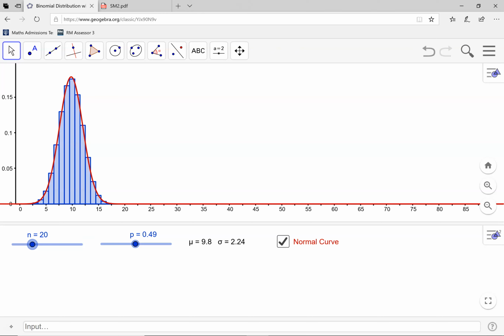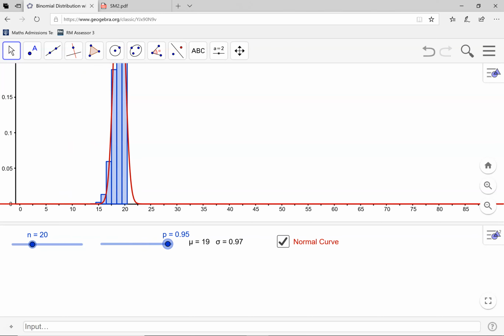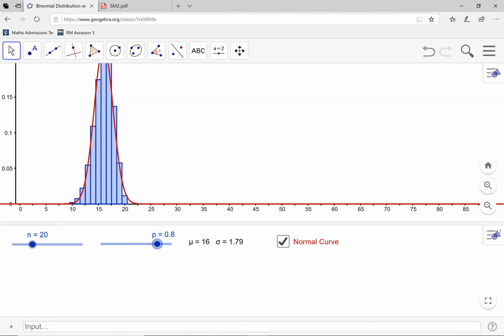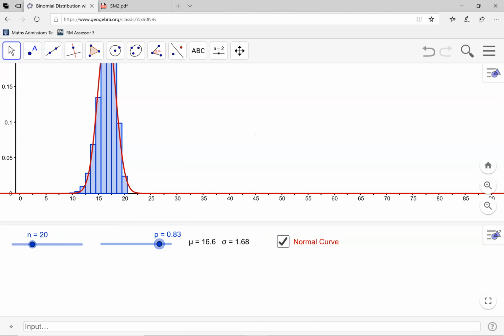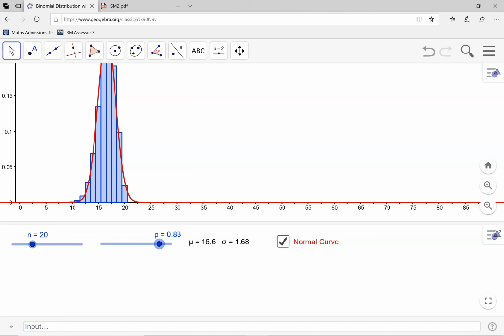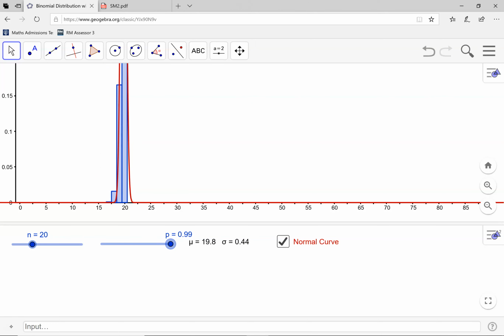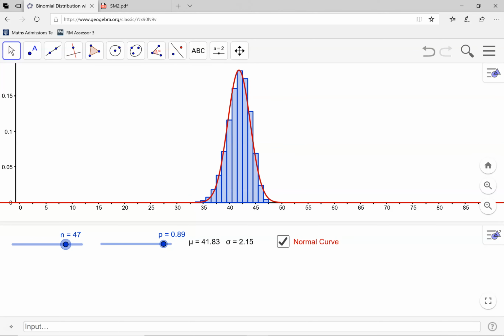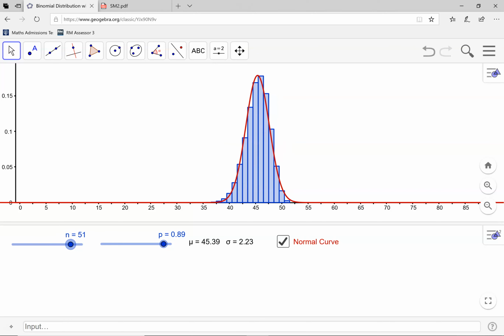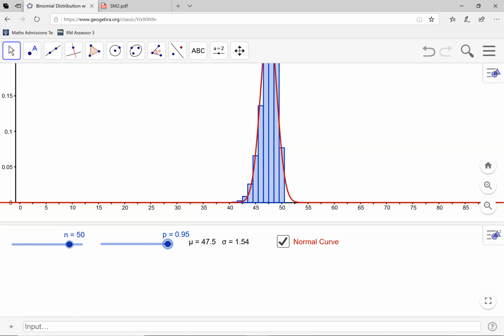So if I make P close to the end here, let's try and move it down a bit. Yeah, it actually becomes worse and worse here. And if I make P equal to 0.5, let's make the sample size a bit bigger, 50. There you go. It's becoming a little bit more jagged, and you can see around here it's becoming a little bit dodgy.